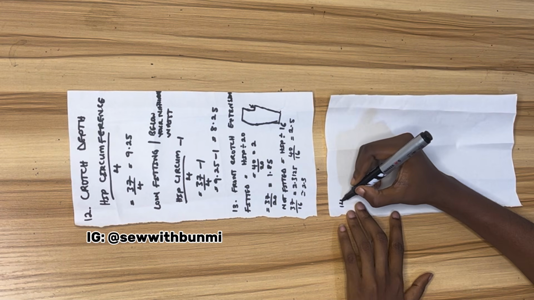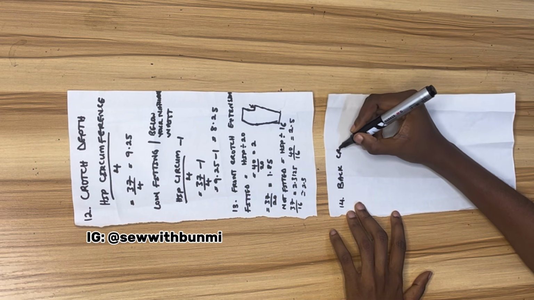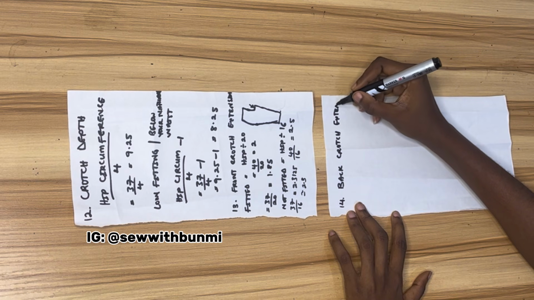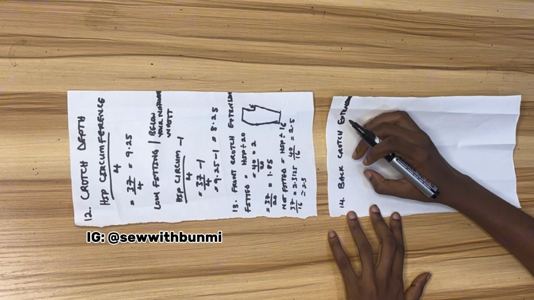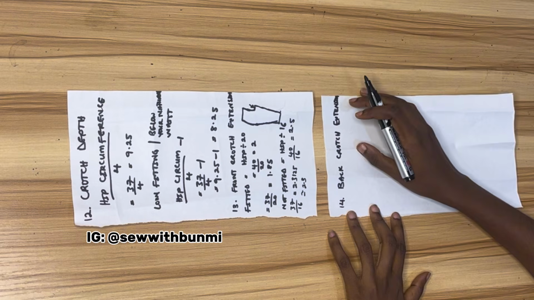So now let's work on the back crotch extension. For the back crotch extension, it's just for you to add 1.5 or 2 inches to your front crotch extension. Please note that the front crotch extension and the back crotch extension are not the same.